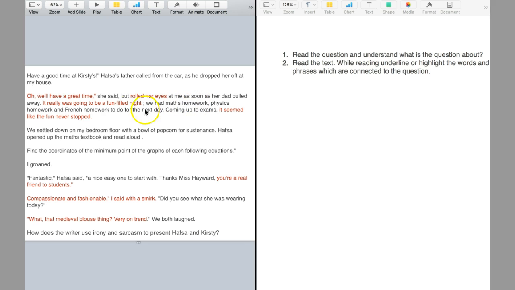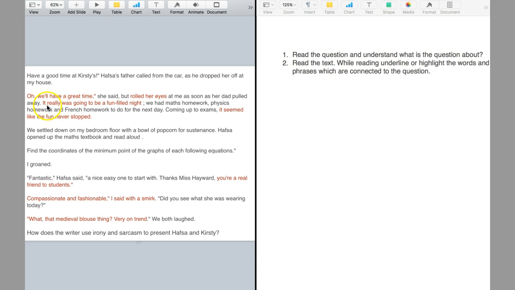We had maths homework, physics homework, and French homework to do for the next day. So in this part only we know, oh, how is this going to be fun? They are doing homework. So then we realize that it really was going to be a fun-filled night is sarcasm. So why did she roll her eyes? We'll have a great time. All these are sarcasm.